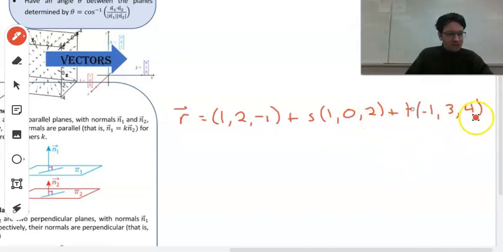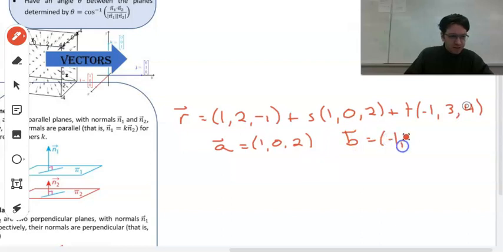All right, so those are our direction vectors. Let me just call them A and B. So A is 1, 0, 2. That's one direction vector. And our other direction vector B is negative 1, 3, and 4.